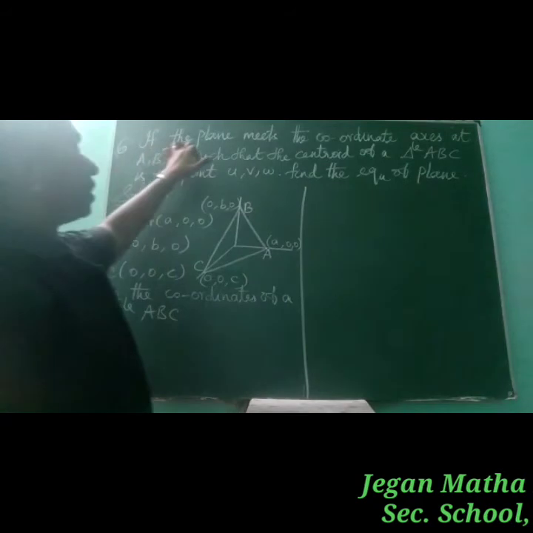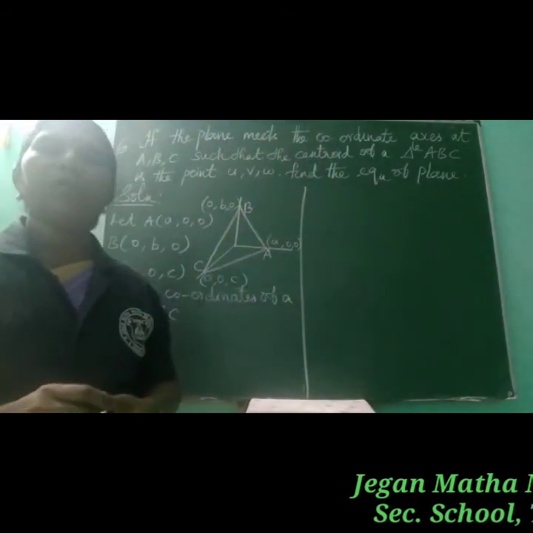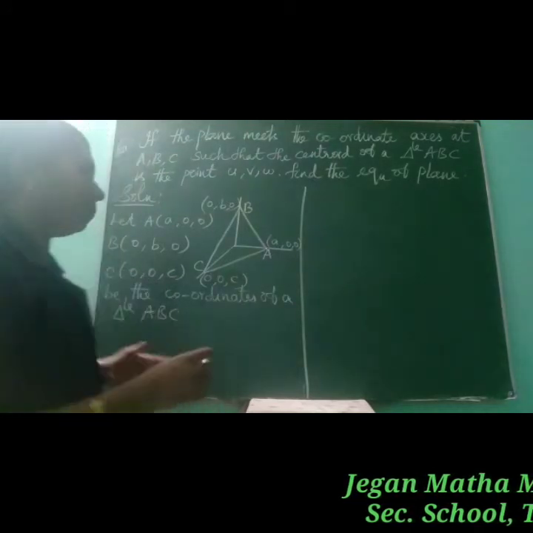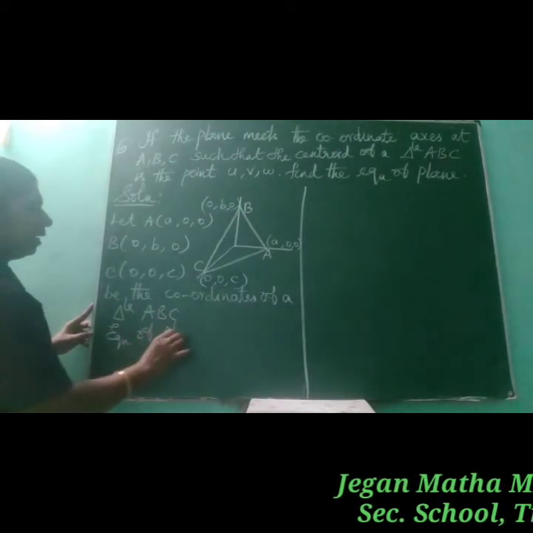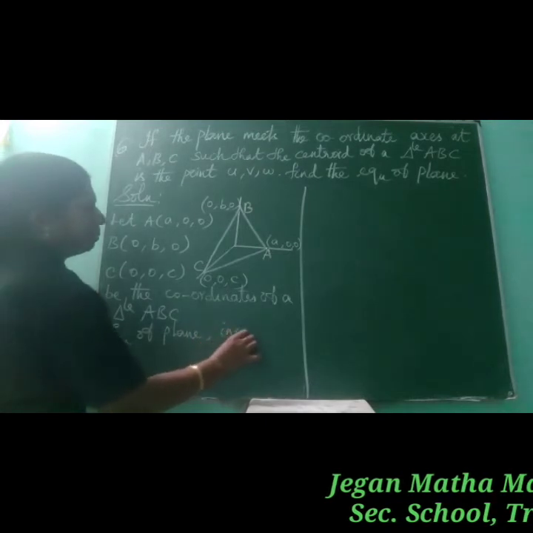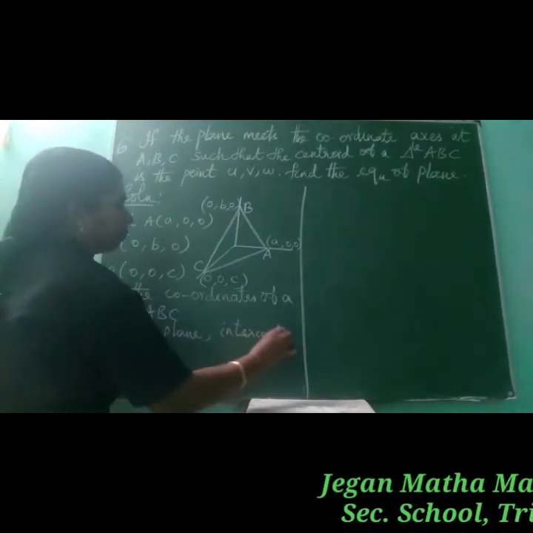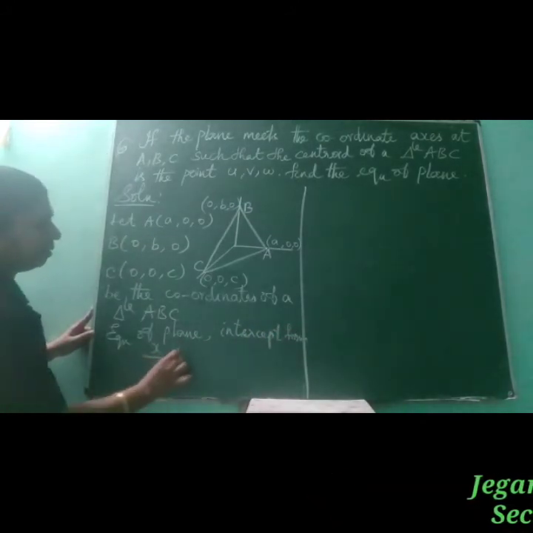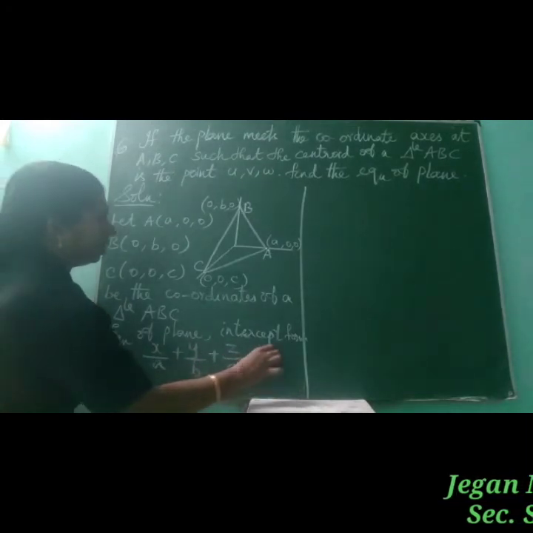Since in the question it is given that the plane meets the coordinate axes, here you have to find the equation of the plane in intercept form: x by a plus y by b plus z by c is equal to 1.